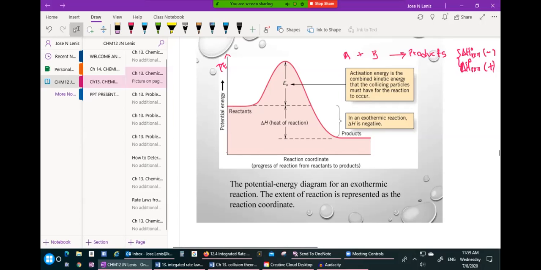So we need to draw two different potential energy diagrams for every case.